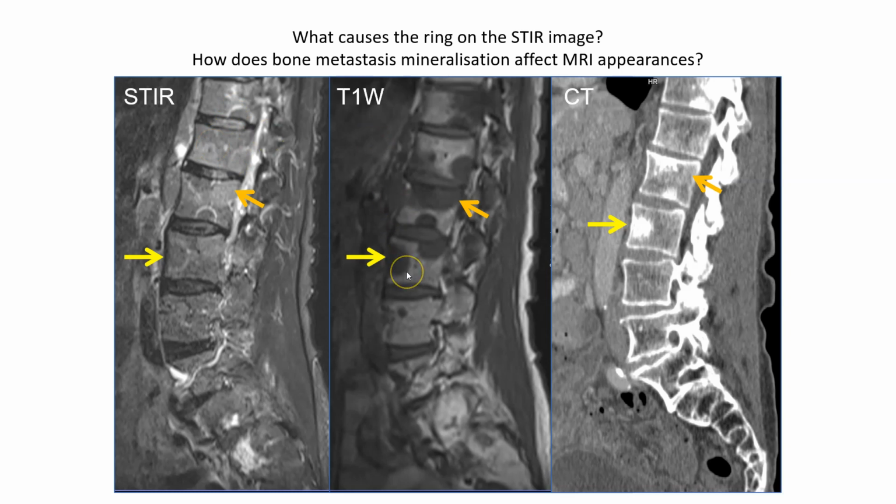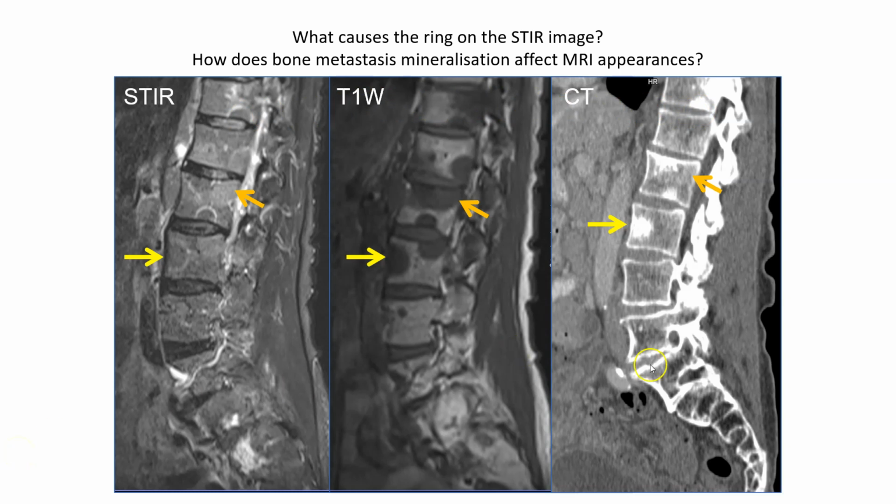If you look at the center of a particular metastasis, you'll see that the lesion is in fact mineralized. If you look at this metastasis, you see another halo, and that too is associated with mineralization. Again, you see the same thing here, a halo that is mineralized.